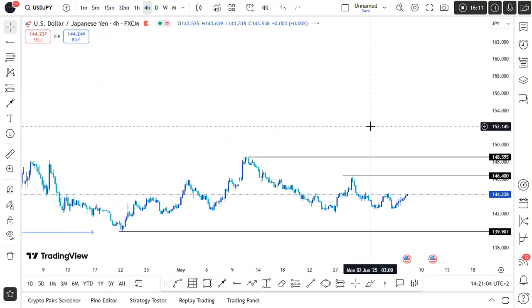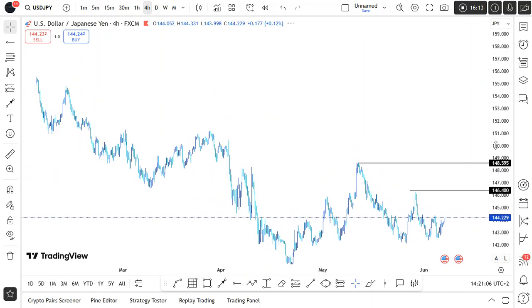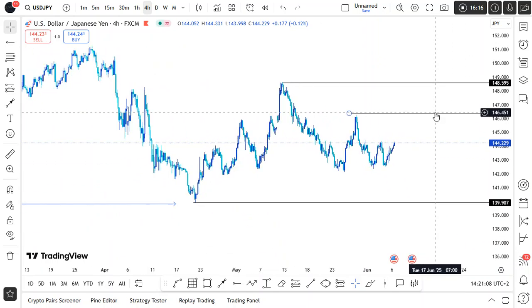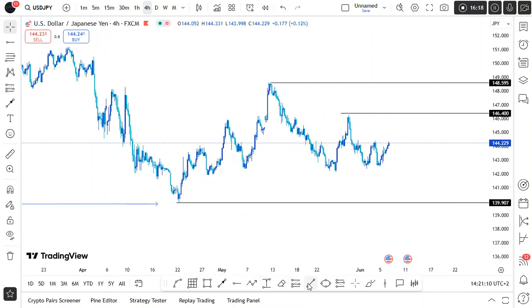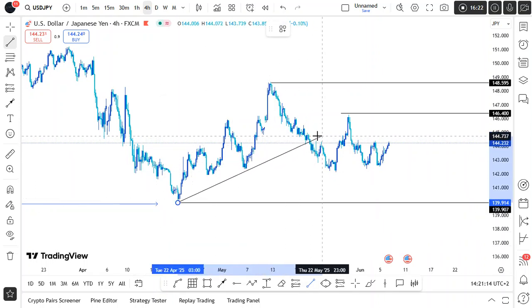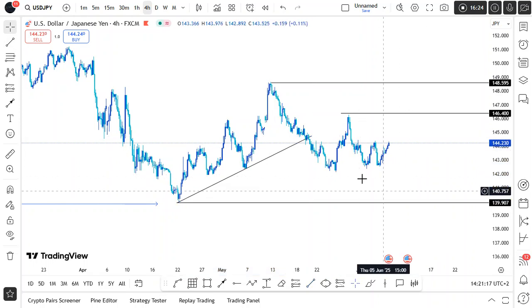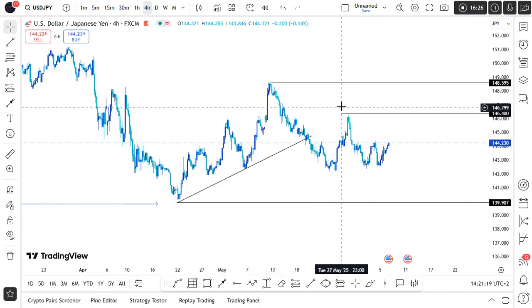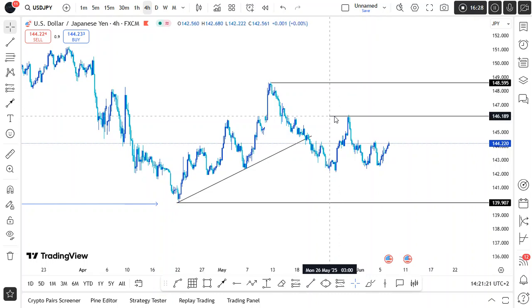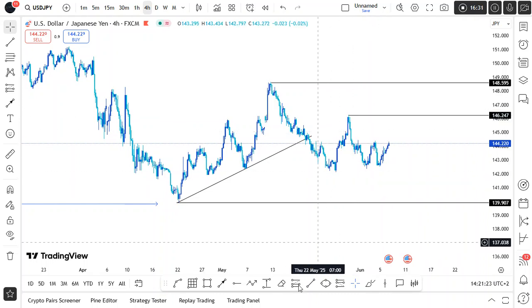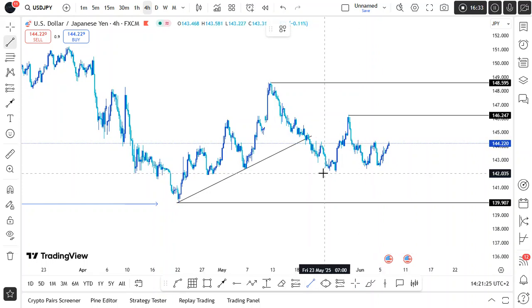And we can see the 4 hour. On the 4 hour, I'm having something like this. I broke out here. Then price can actually do what? We're still going down there.